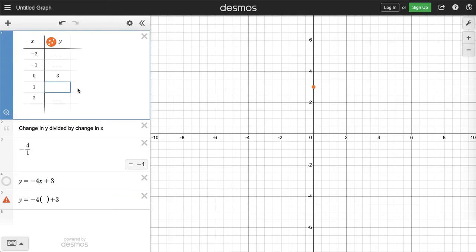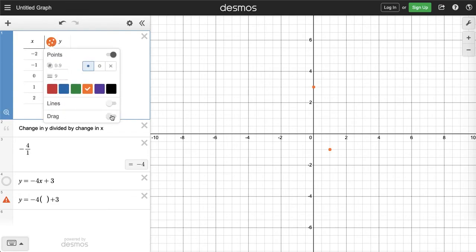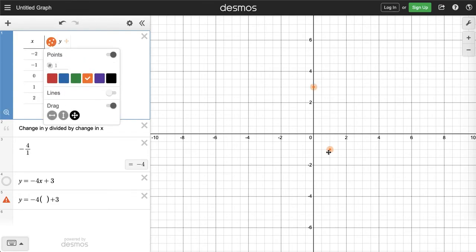So I'm going to substitute my next thing in here. I've moved to the right 1 because I've gone from 0 to 1, and now I'm going to move down 4. So 3 move down 4 places is going to take us to negative 1. Okay, and you could see if I was to change this here so that I can drag my points.